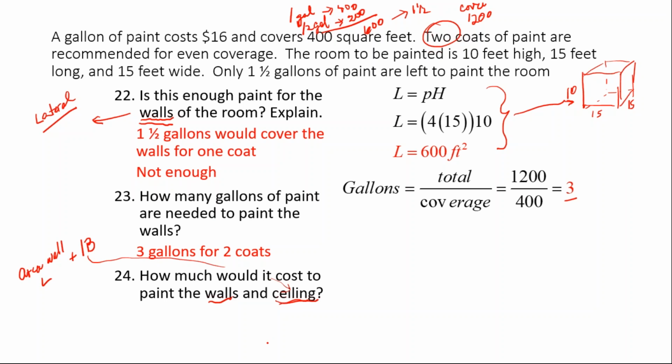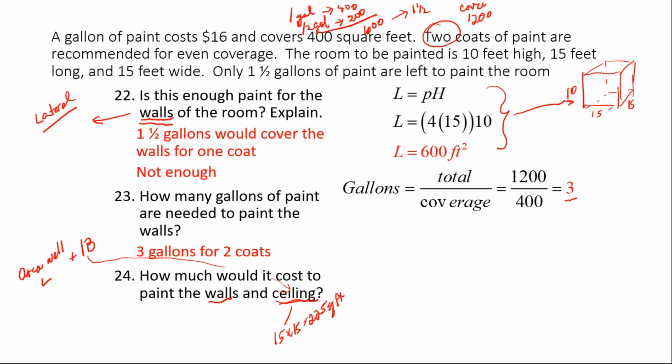How much would it cost? Well, the ceiling area is the same as the floor. That's going to be the 15 by 15 area ceiling. So that's 225 square feet.